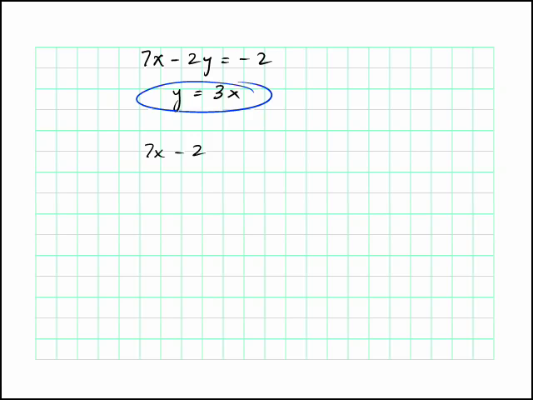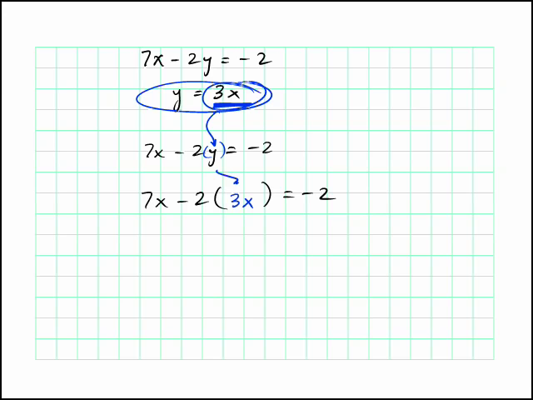Let me rewrite the first equation down here. Since y equals 3x, I'm going to replace this y with 3x, and that would look like this: 7x minus 2y equals negative 2, and that y gets replaced with 3x.